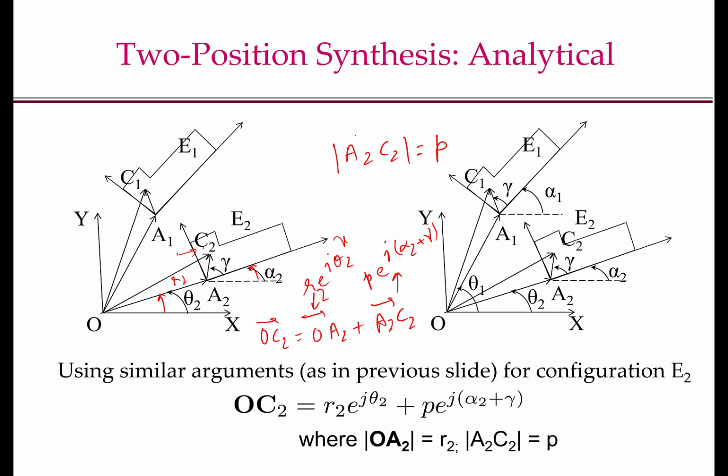Again, since the pose E2 is known, I know R2, theta 2 and alpha 2. Since I have chosen the moving pivot, I know P and gamma, so OC2 is known.